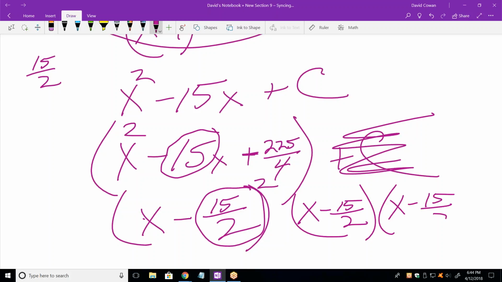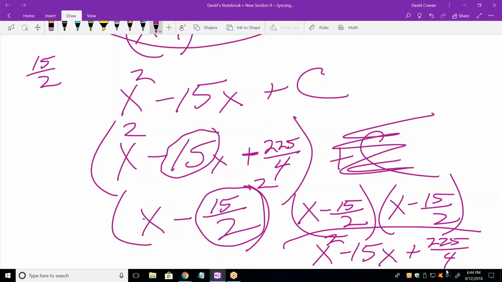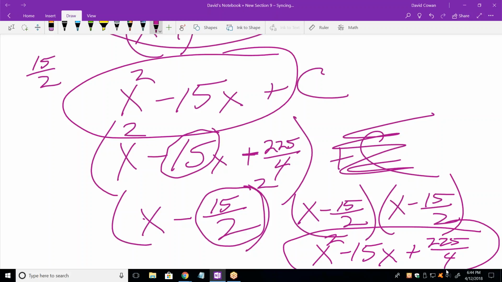If you FOIL those, you get x squared minus 15x plus 225 over 4. Remember that the reason you're completing the square is you're trying to take a quadratic and write it as a linear term squared.